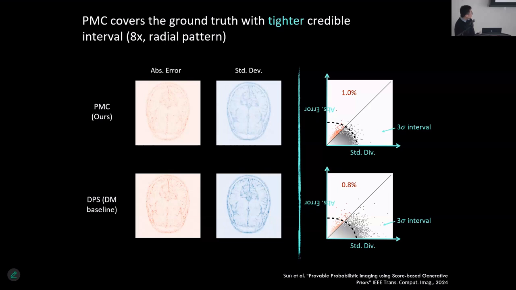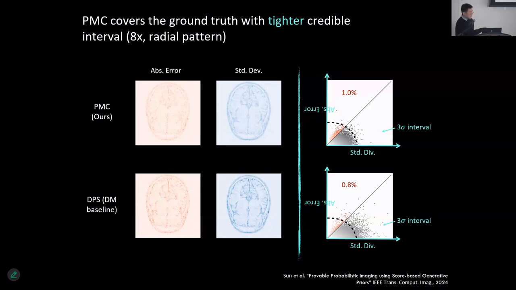I think in total we draw 50 samples. And the rightmost plots the 3 sigma credible interval for each pixel. If the algorithm is very confident and trustworthy, then it should have very small standard deviation versus very small absolute error. I apologize for the flip, sorry.